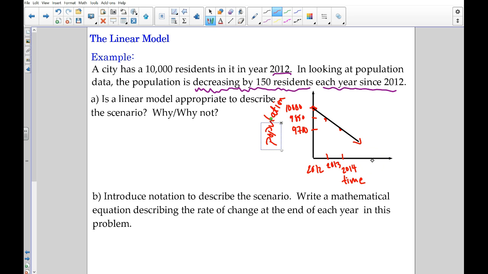So to answer part A, is a linear model appropriate to describe this scenario?